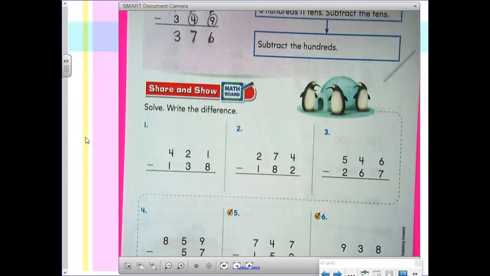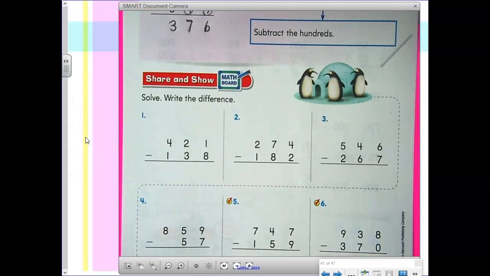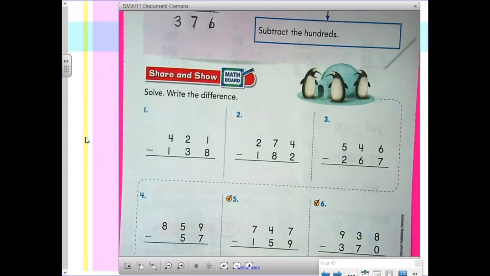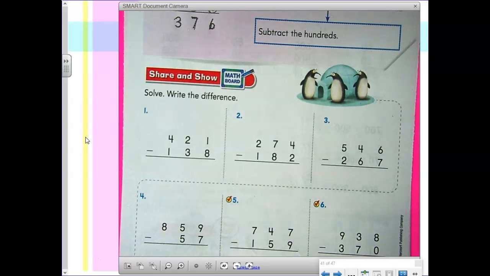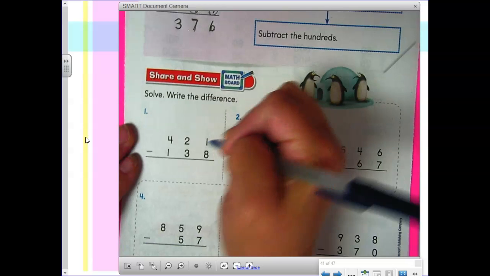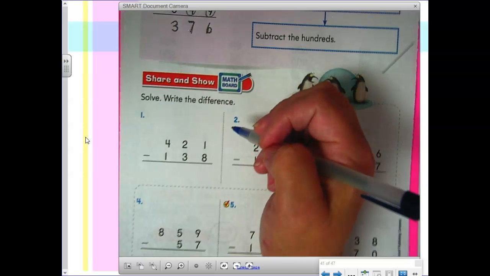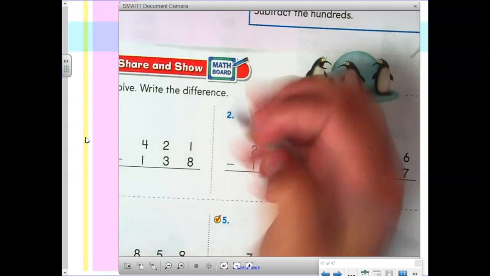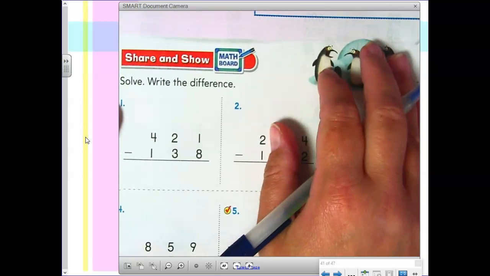All right, let's practice. All right, number 1, 421 minus 138. Start on the right. 1 minus 8. What's our big number, guys? 8.